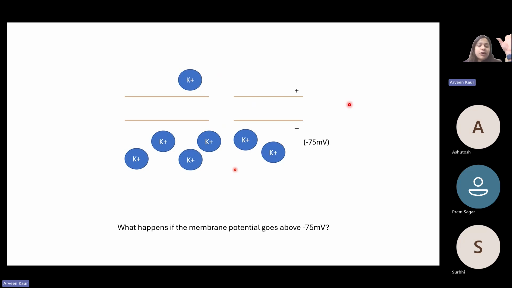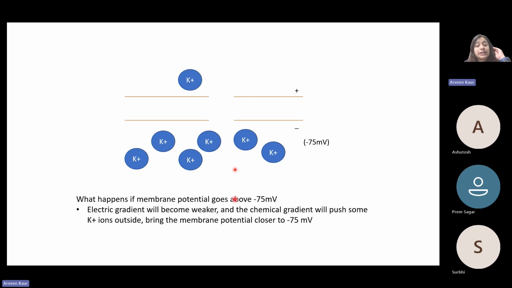That is the constant thing that keeps happening. What will happen if it goes above, say minus 60? Then the electrical gradient will become weaker and the chemical gradient will push some ions towards the outside, so that it can bring it closer to minus 75 millivolt, right? Because the ion is positive, if it goes out, then the negative potential will again start increasing.